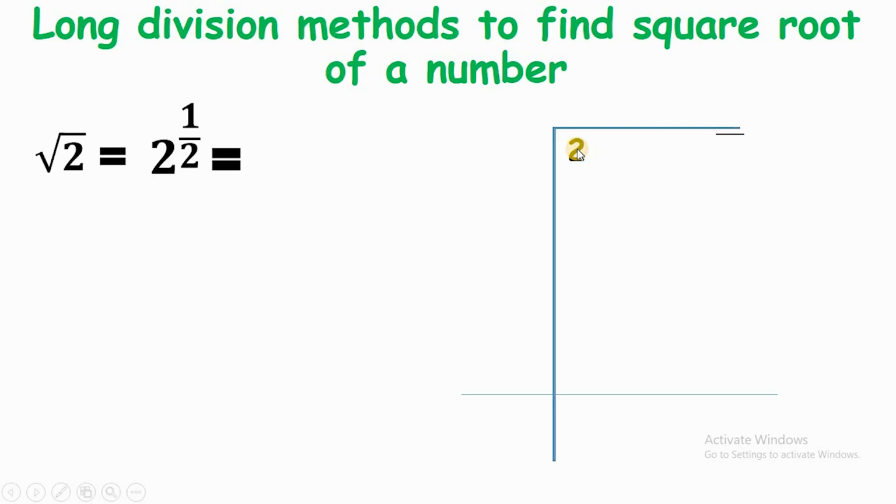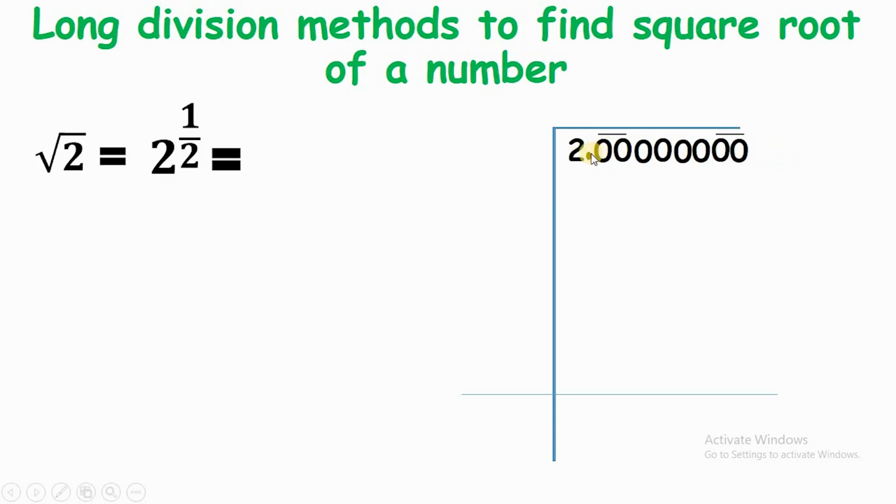Now we'll write 2 first and then make a box like this. And after the decimal point, we can add as many zeros as you like. So we'll add 8 zeros. That means we can find the decimal up to 4 places of decimal. If you want to find the 5th place of decimal, you have to add 2 more zeros.